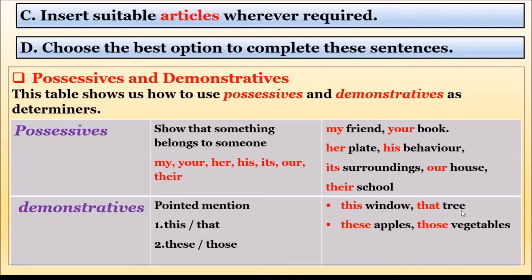Tree is singular and it is far, so we use that tree. Apples is in plural form, and when it is near we use these apples. Vegetables is also plural, and when it is far away we say those vegetables. Okay, understood? Hope you understood what possessive determiners and demonstrative determiners are.